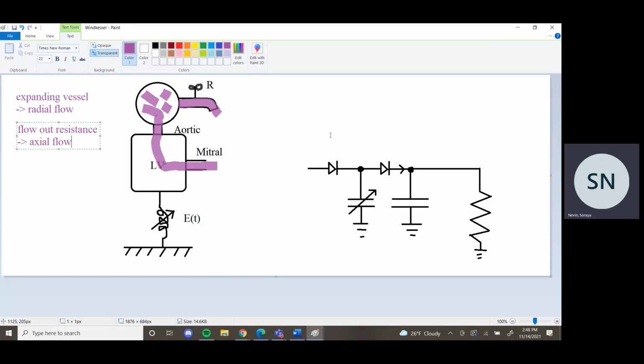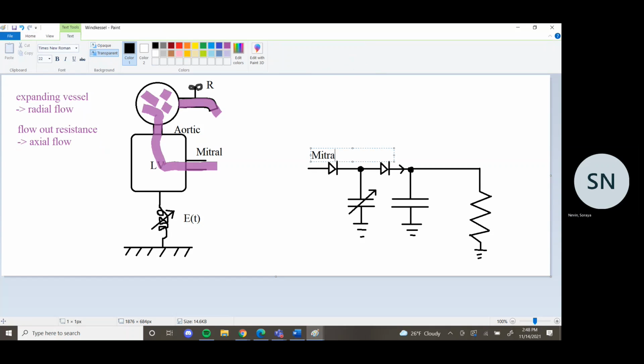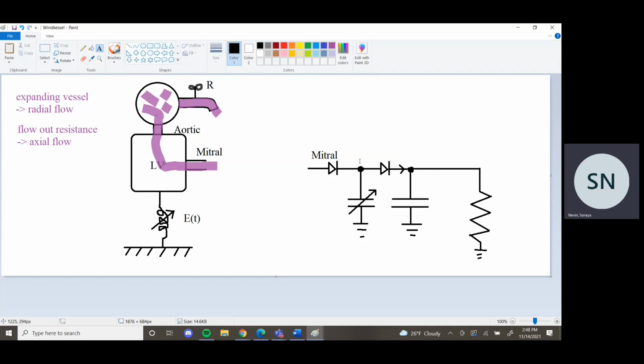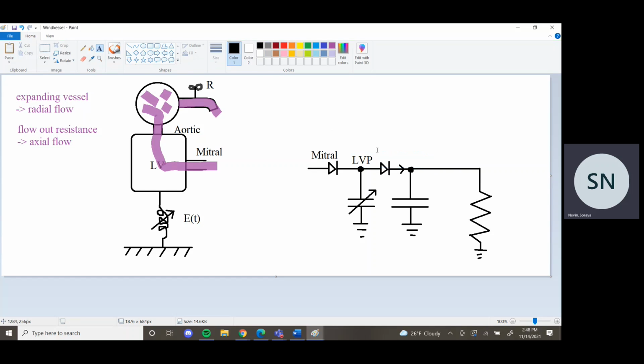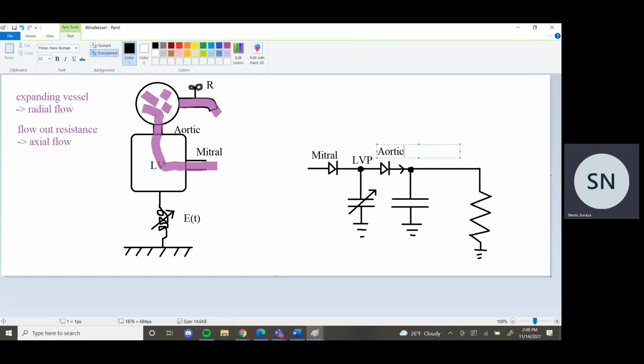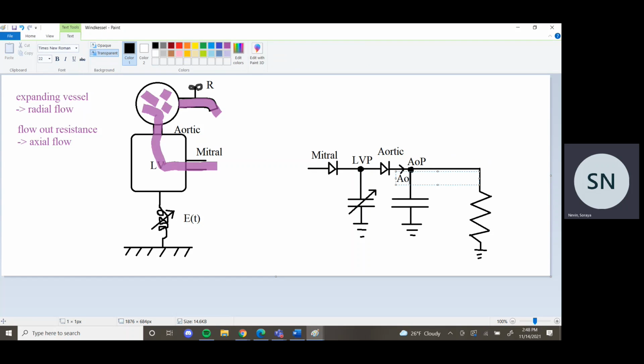And then if we go over to the electrical diagram, we have the same thing. So mitral, this is left ventricle, or this node represents left ventricle pressure. This is the aortic valve. This represents aortic pressure. This arrow represents aortic flow.